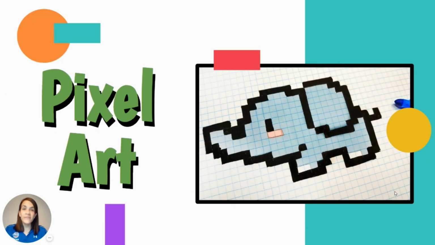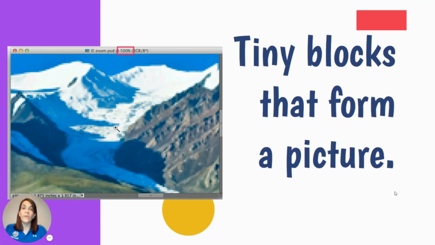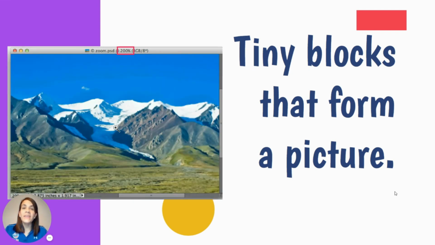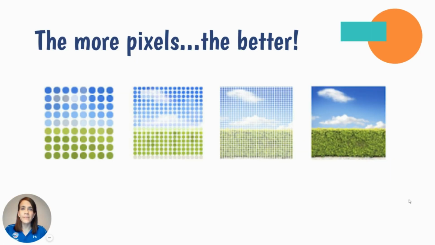So, we have seen over the past classes what a pixel art is, right? Remember that pixels are the tiny squares that you can see in a picture. Now, these tiny blocks can be seen better if you get closer into a picture. And remember, the more pixels, the better. If you have a picture with not too many pixels, well, the resolution is not going to be good, right?